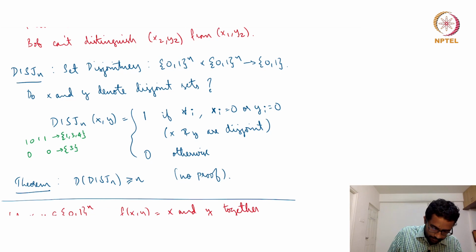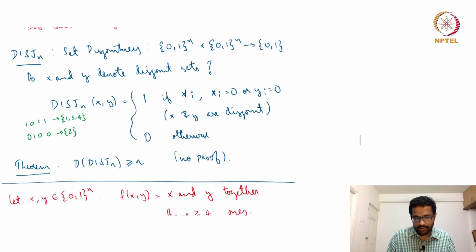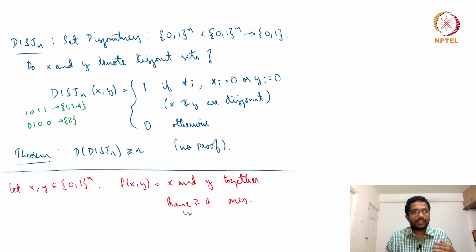So suppose Bob's input was this, which corresponds to the set 2. Now this means that in all the indices one of Alice's input or Bob's input is 0. So this is disjoint. So to put it very simply, if the sets corresponding to Alice's input and Bob's input are disjoint, then the output is 1. If the sets are not disjoint, the output is 0.